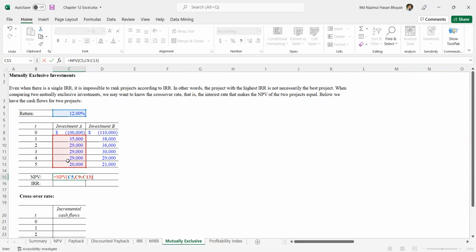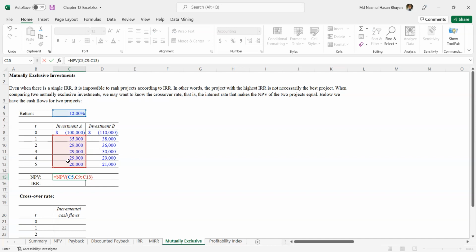Here you can see we don't know a specific date, we just know the time period, right? So in this case, you are going to put only future cash flows inside the NPV formula. You don't want to put the current year cash flow inside the NPV formula. Remember that. But whenever you apply the XNPV formula, then yes, you can put all the cash flows starting from the current time period to the future time period inside the XNPV formula.